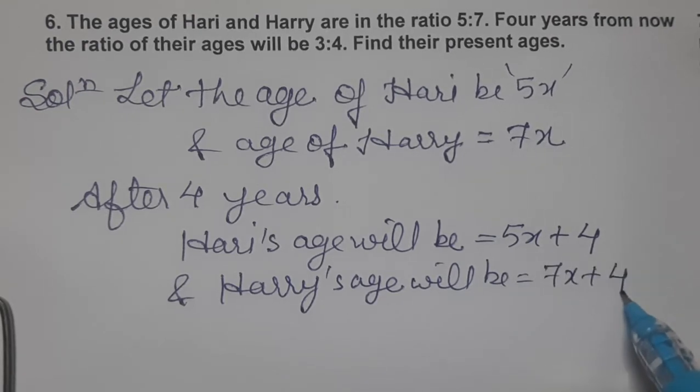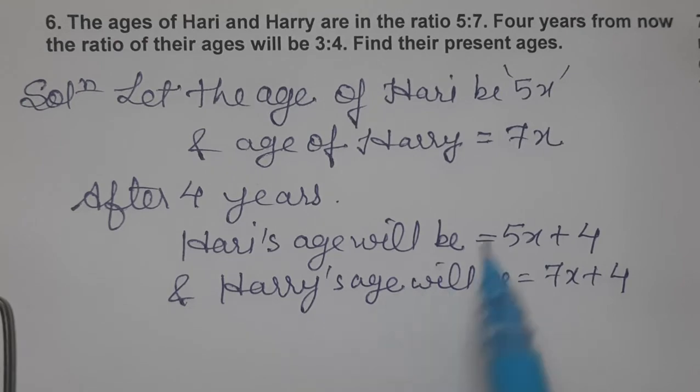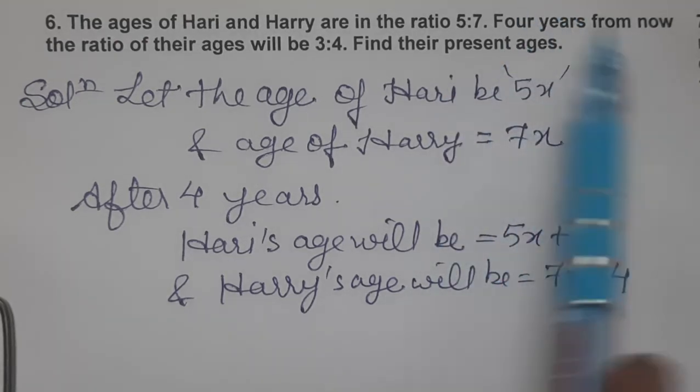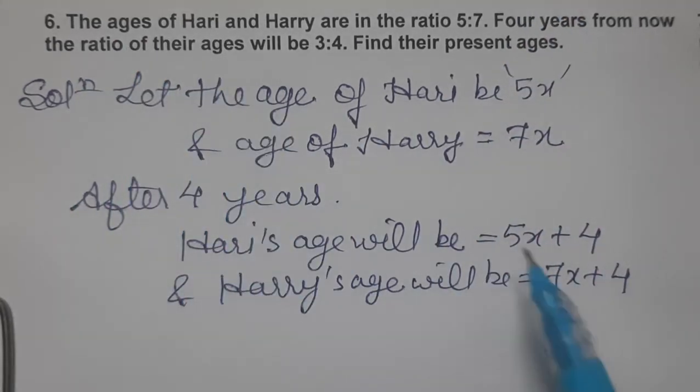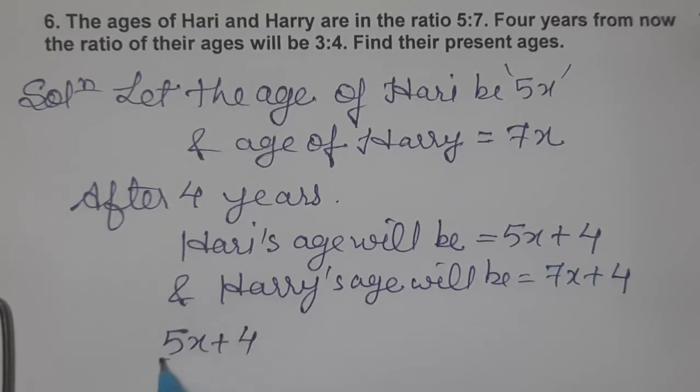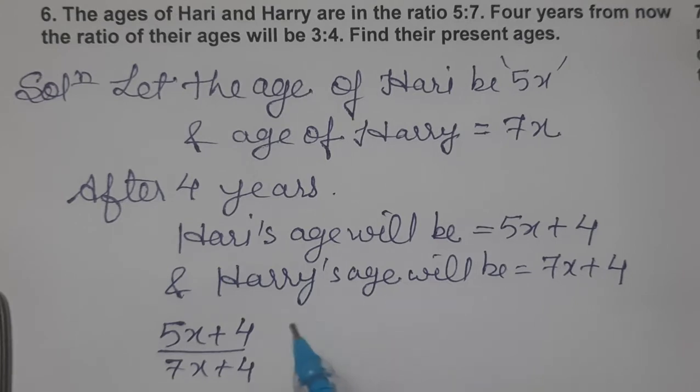This is the age after 4 years. Now read again: 4 years from now, the ratio of their ages. So we have to find the ratio. Hari is to Harry: 5x plus 4 by 7x plus 4. The ratio of their ages will be 3 is to 4.